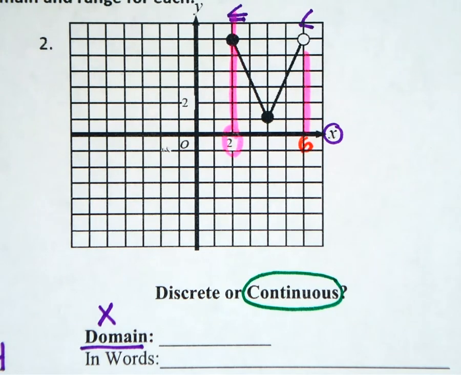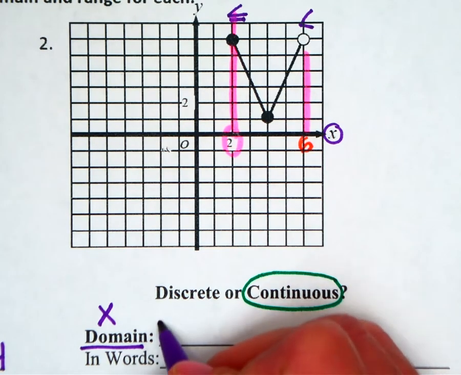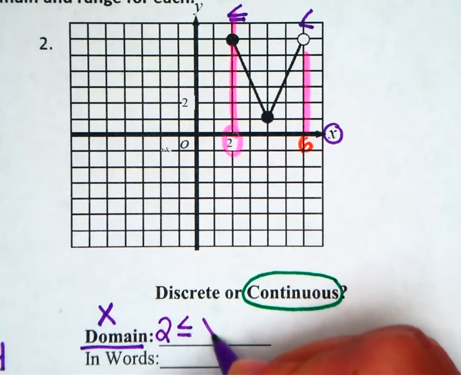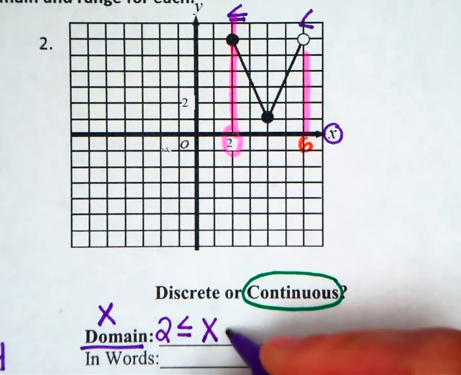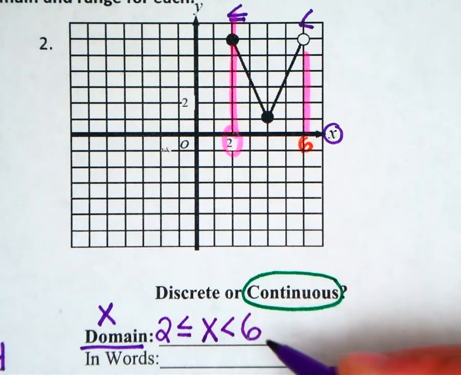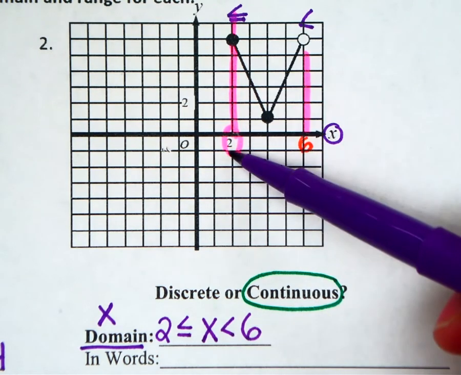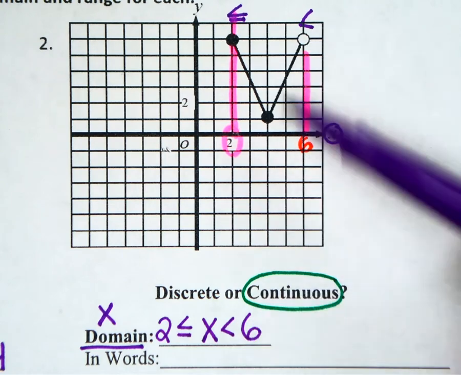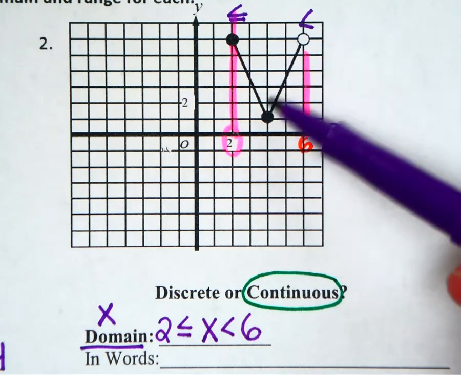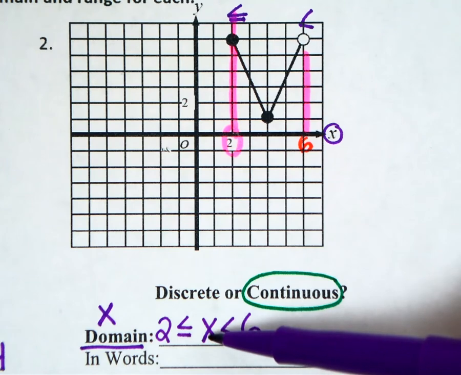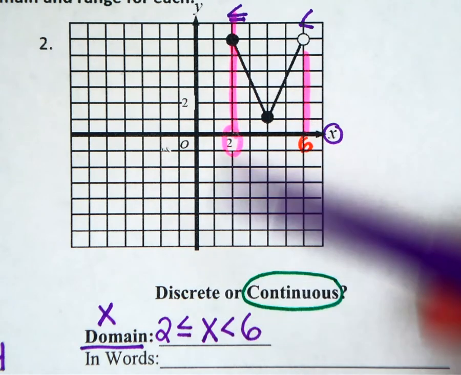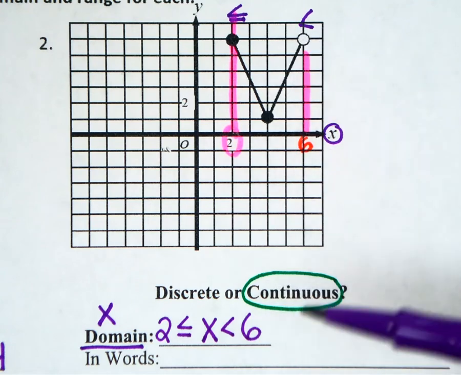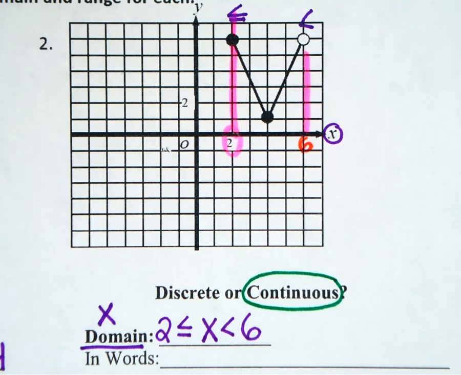So for my x values, the domain is going to be from 2 less than or equal to x less than 6. And again, my values came from 2 to positive 6. X is all these values in between, and I'm using a less than or equal to symbol because my point is closed, and a less than symbol at 6 because my circle is open.